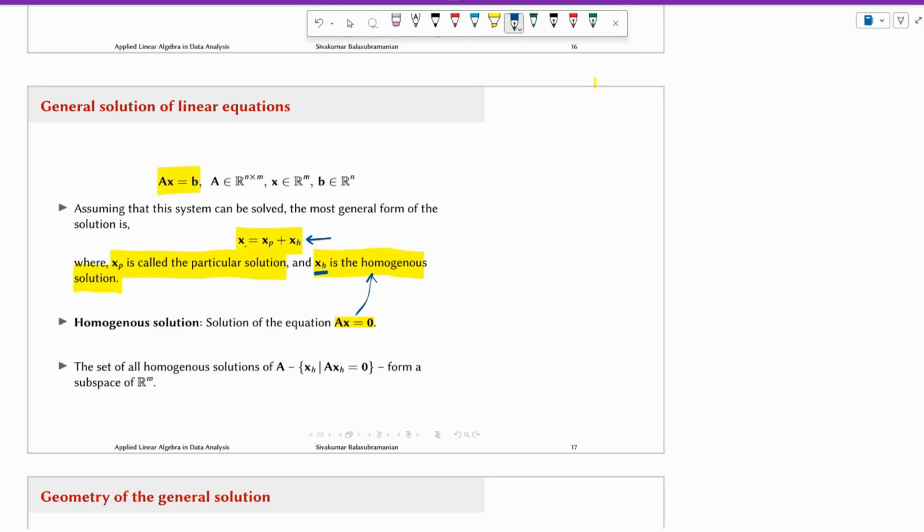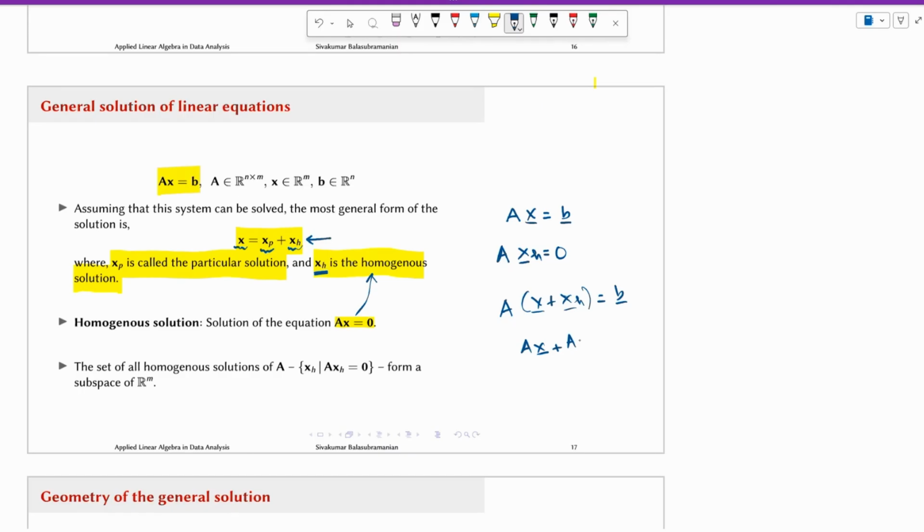And this says, in general, any solution x for Ax equals b can be written as the sum xp plus xh. That makes sense because if x is a solution to this, and xh is another solution such that Axh is equal to 0, then if I add xh to my x, it'll still be equal to b, because matrix multiplication is distributive.